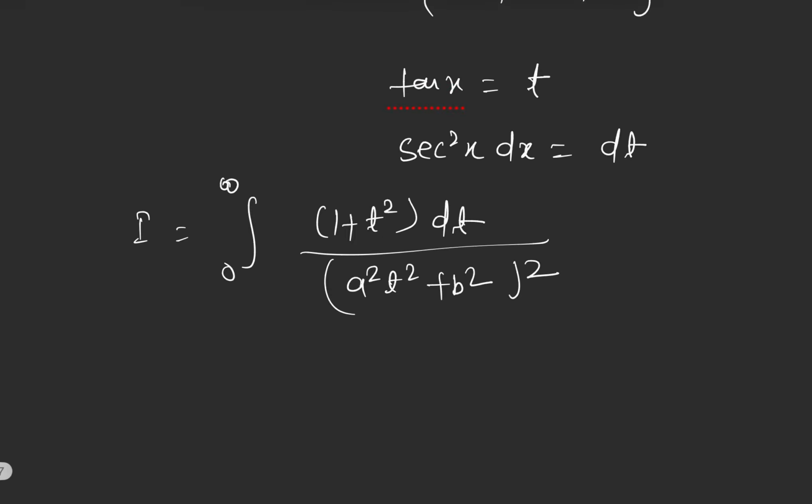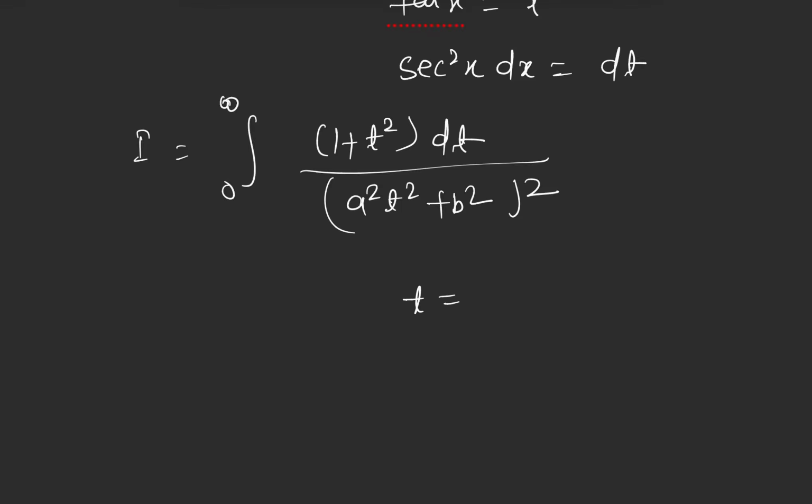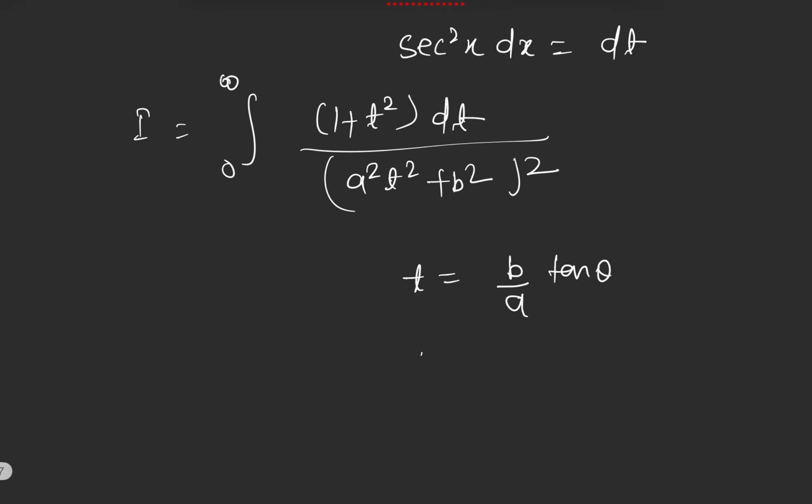Okay, this is my integration. Now I need to substitute once more, t equals b by a tan theta. If I keep t equals b by a tan theta, dt will be b by a sec square theta d theta.